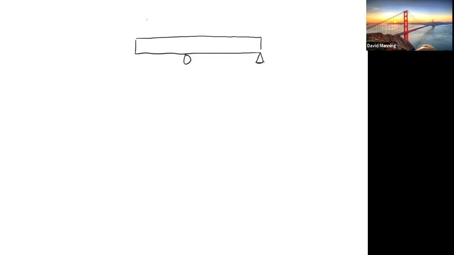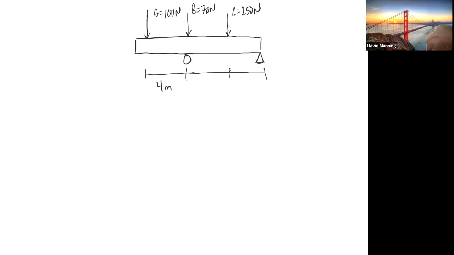So let's just make A 100 newtons, B 70 newtons, C 250 newtons. And we'll just make our distances 4 meters, 4 meters, 4 meters.